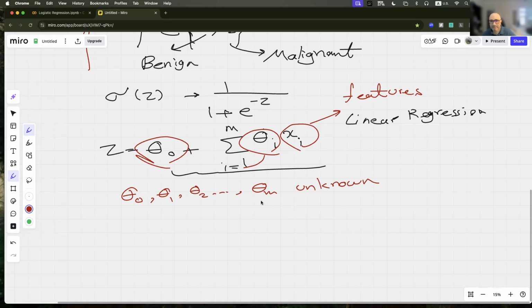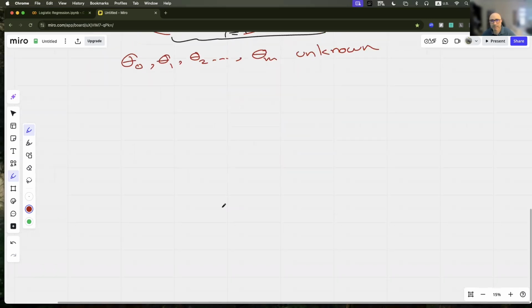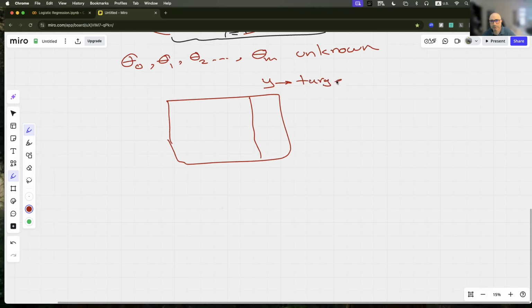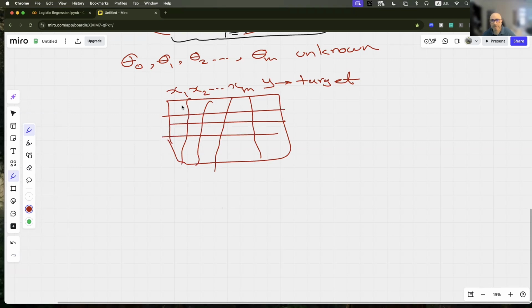If you have a spreadsheet, this Y would be the target, and you have a bunch of features here. Any of these are known, and you have the targets. In the case of breast cancer, the target would be 0 or 1.